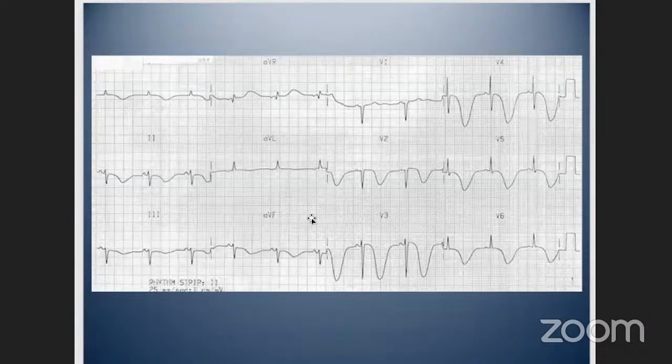QT, there are different formulas dependent on the rate of the heart, but the easiest way to eyeball and see if your QT interval is prolonged or not is to look from the start of the Q to the end of the T wave. Sorry, I'm using the corner of the interface. So the QT interval should be less than half of the RR interval.